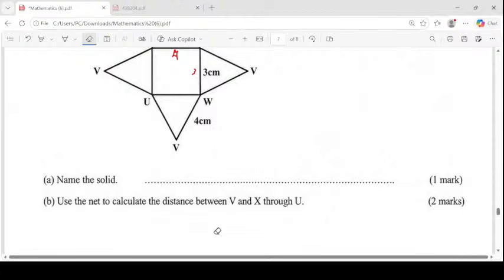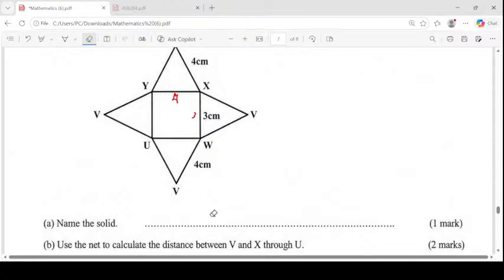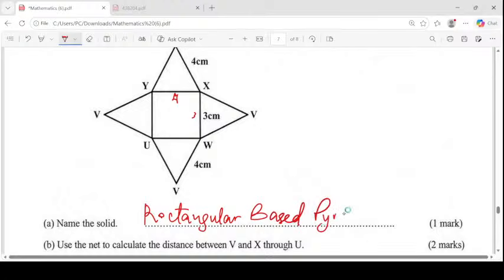So let us update this name. This should be called a rectangular based pyramid because the base is a rectangle in shape. The base is rectangular in shape, therefore the name is rectangular based pyramid.